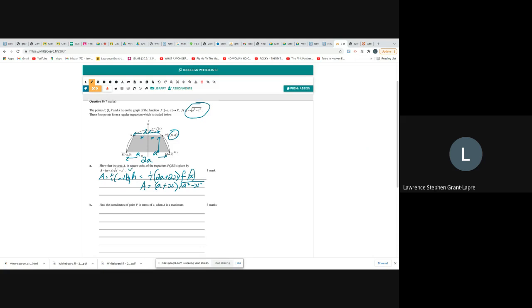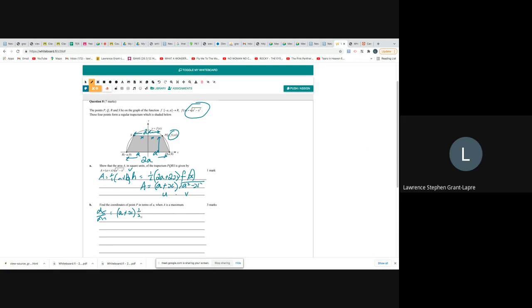Okay. Find the coordinates of point P such that A is a maximum. Well, if A is a maximum, we'll get the derivative. The derivative is, okay, I'll use the product rule, u v. So u times the derivative of the square root.